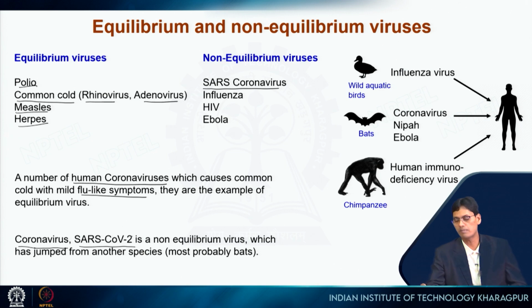That's why I am giving some examples: influenza virus, their natural host is wild aquatic birds, and they are also infecting humans now. Similarly, bats are reservoirs of coronavirus, Nipah and Ebola virus. Similarly, HIV came from chimpanzee to human.